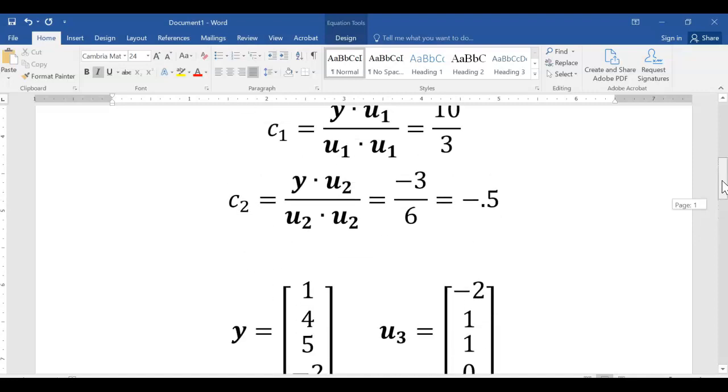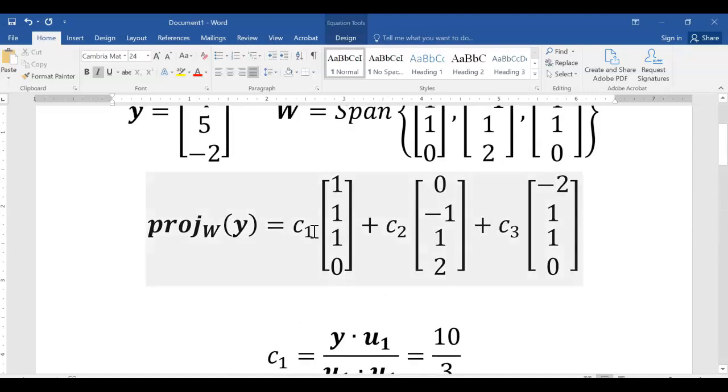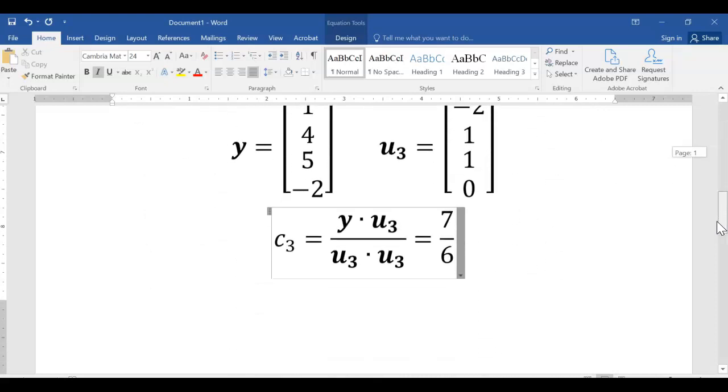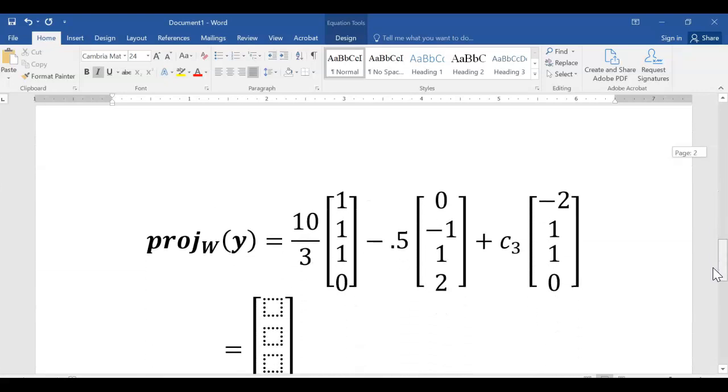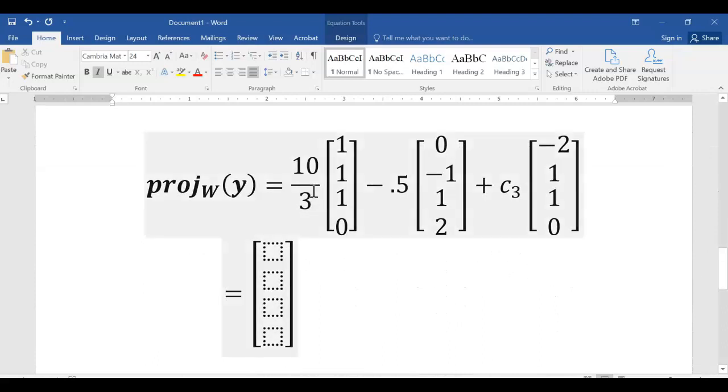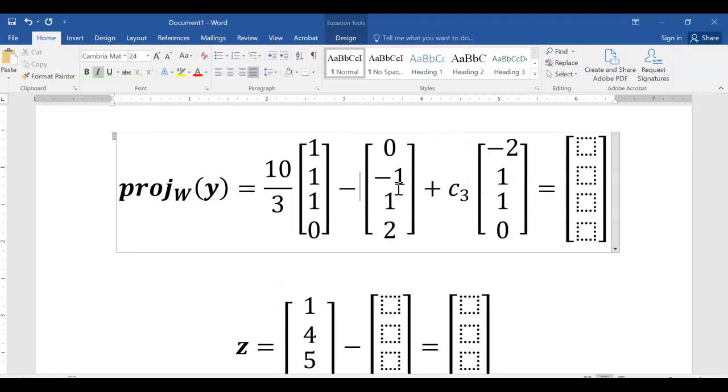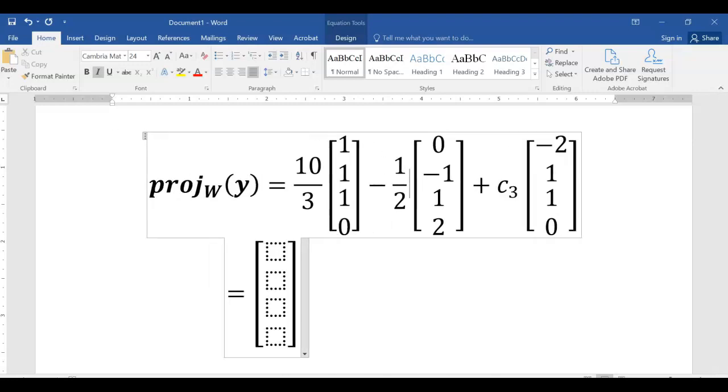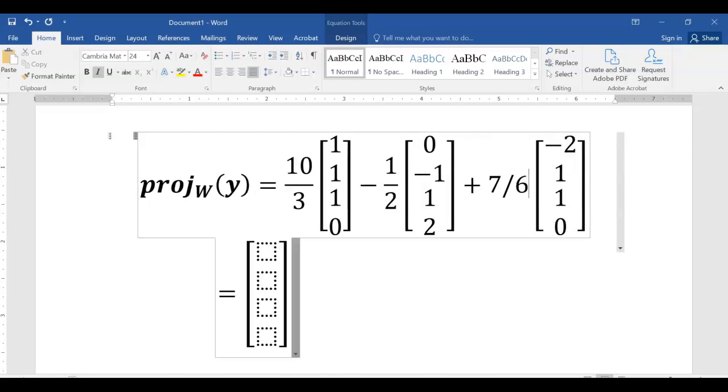Again, what I'm doing is figuring out the coefficients to use in order to add those things up. So we take our projection. My first coefficient was 10/3, so 10/3 times u1. My second coefficient was -0.5, or if you'd rather write that as -1/2, that's no big deal either. And my third coefficient we just found is 7/6.